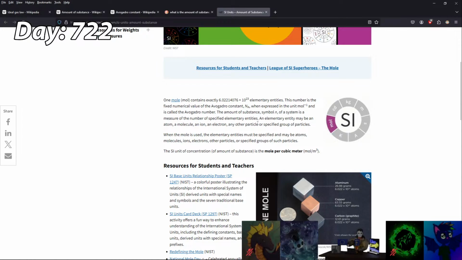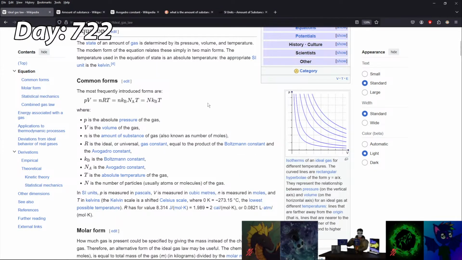So if you have a gas, if you count up all of the molecules, you get the amount of that substance because you just measured the number of those molecules. You specified them as molecules, you measure them. So you get it in moles. However, if you do the same thing, that also is the number of particles because that's literally what it is. The number of molecules, which is not in moles.